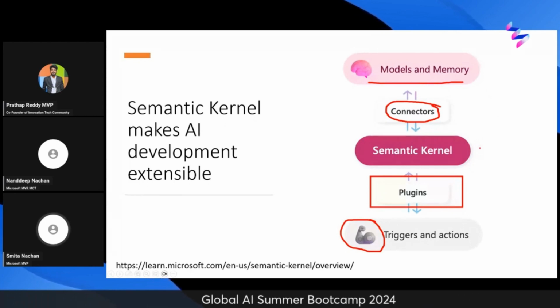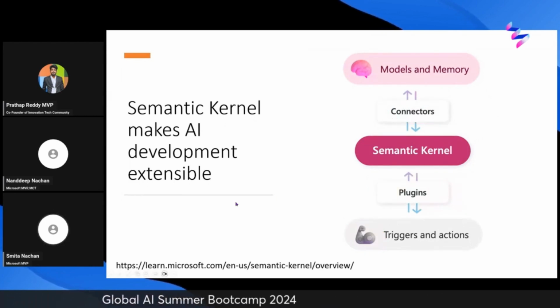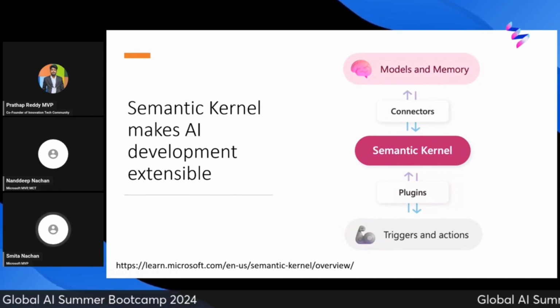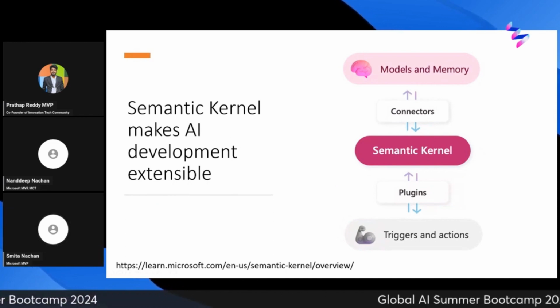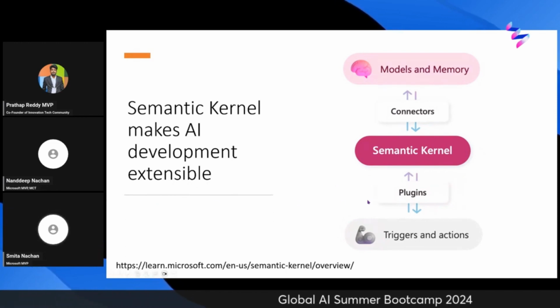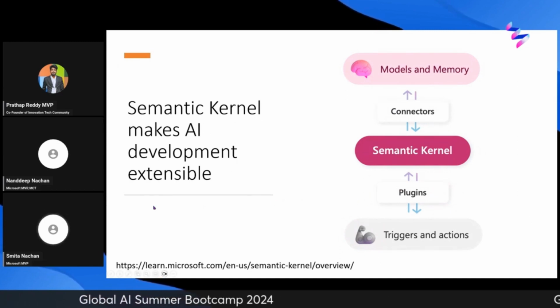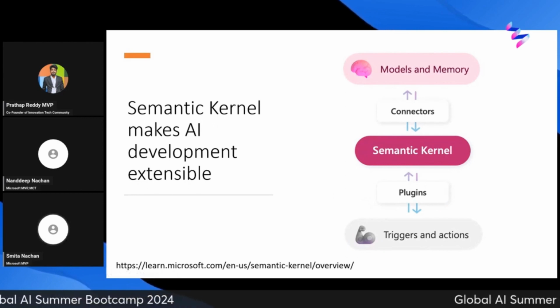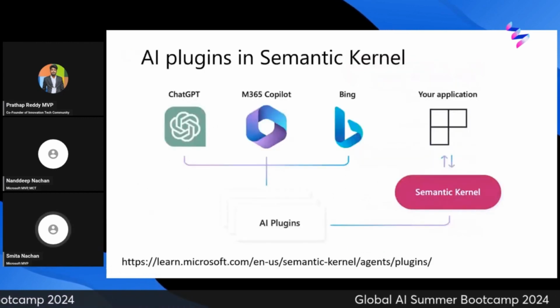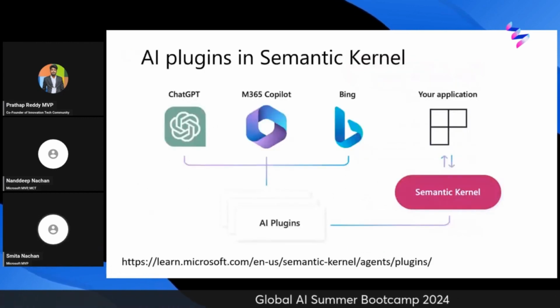Because of the extensibility that the Semantic Kernel provides with connectors and plugins, you can use it to orchestrate nearly any of your existing code without being locked into a specific AI model provider. Let's go ahead and see the AI plugin in the Semantic Kernel.